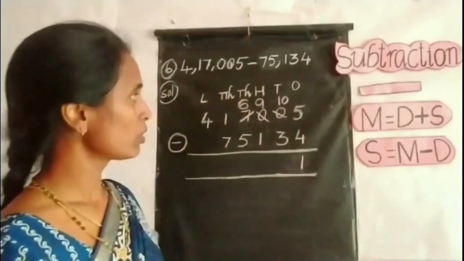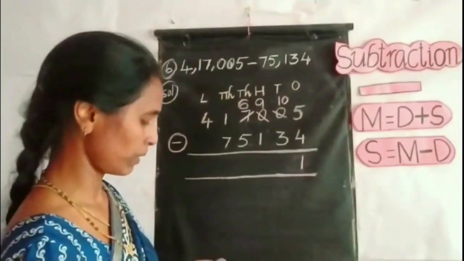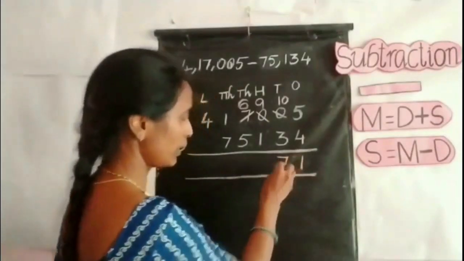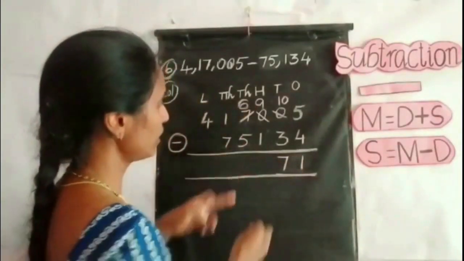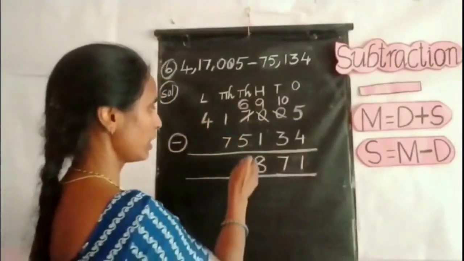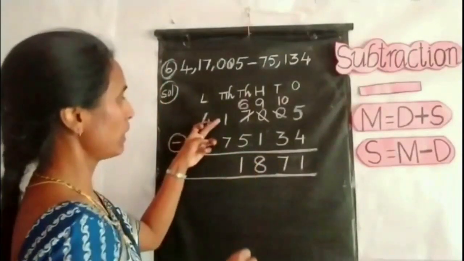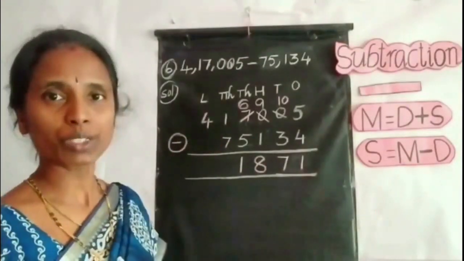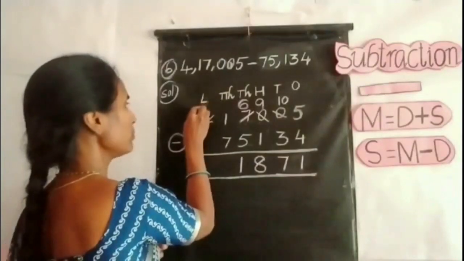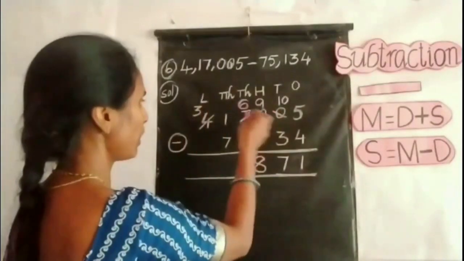Okay, children. So come on, let us start subtraction. 10 minus 3, 7. 9 minus 1, 8. 6 minus 5, 1. 1 minus 7, again we need to take a borrow. From the lakhs place, 4 will become 3 because we have given 1 lakh as a borrow.